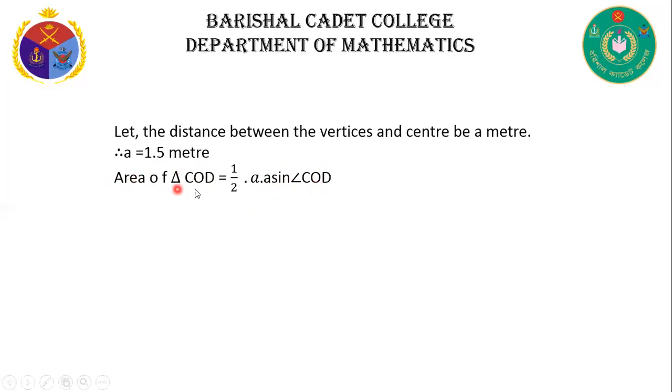That means area of triangle COD is half into A squared into sine 45 degree.